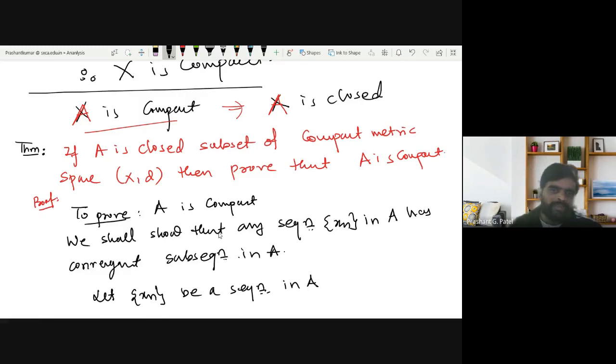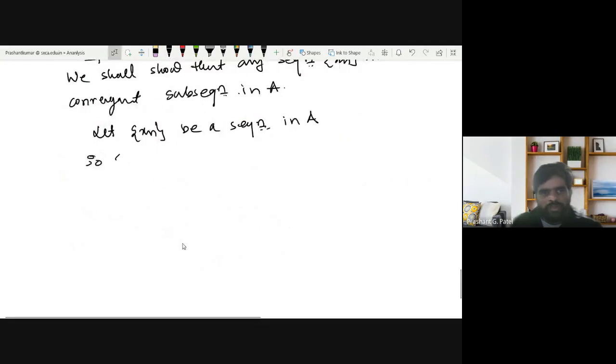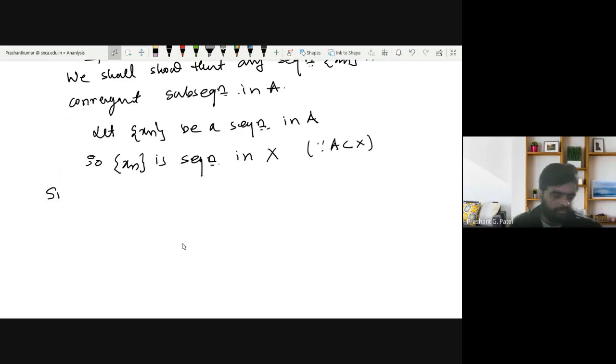But A is a subset of X, which is given. So xn is a sequence in X also, because A is a subset of X. And since X is compact and xn is a sequence in X, this xn has a convergent subsequence.